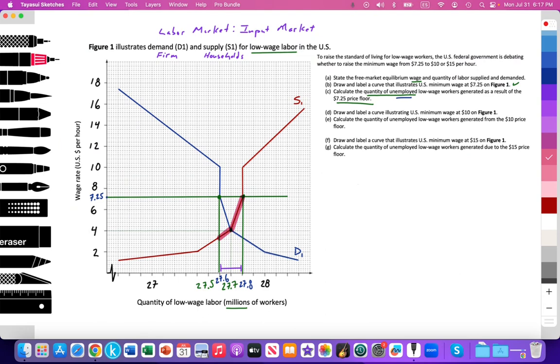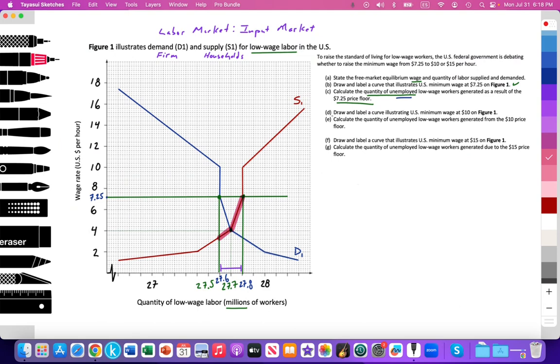And we saw the quantity supplied increasing to 27.8 million, while the quantity demanded by firms decreases to 27.6. So the distance here is a level of unemployment, in theory, that's created as a result of minimum wage. More quantity of supply, but reduced quantity of demand, leading to, in this case, 0.2 million or 200,000 workers that are looking for work, willing to work, but unable to find an employer willing to hire them.